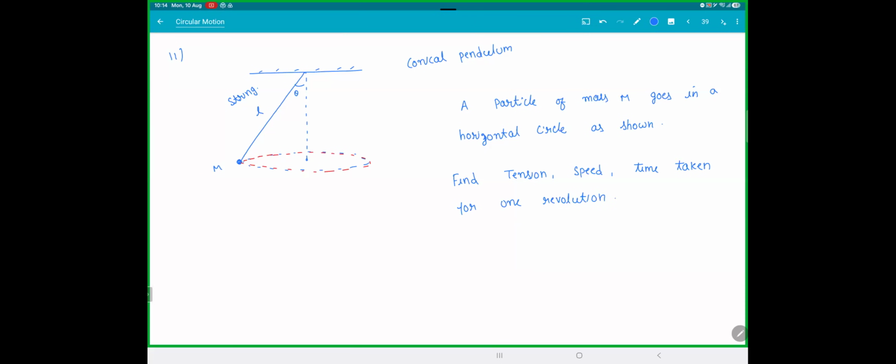Same thing. Step one, start with the free body diagram. Let's see.